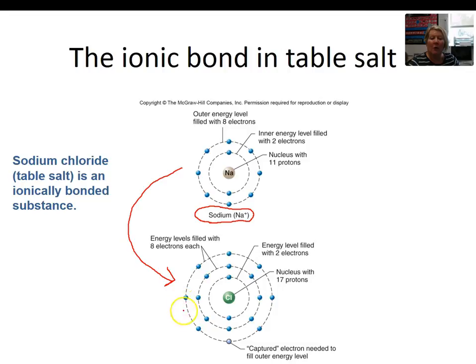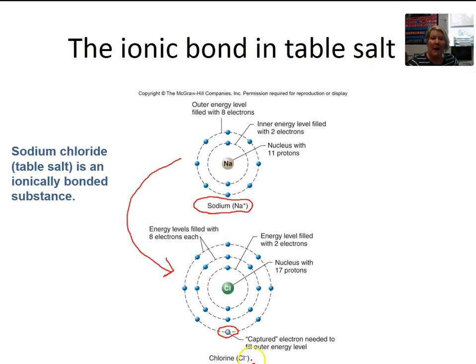Originally, the chlorine only has 7 electrons in the outer shell. It wants that 1 extra electron and captures it. Now chlorine becomes a negative 1 ion, as shown here. There's a rule called the octet rule that says the most stable configuration for an atom is to have 8 electrons in the outer shell.